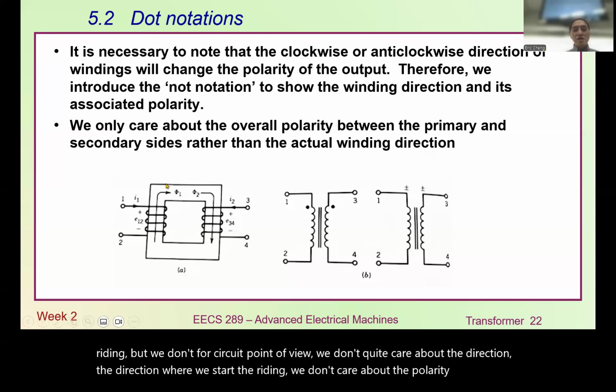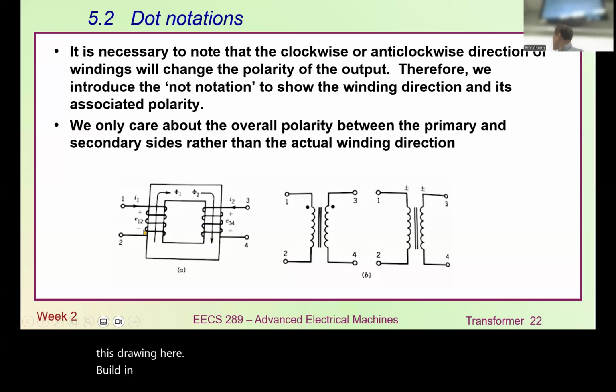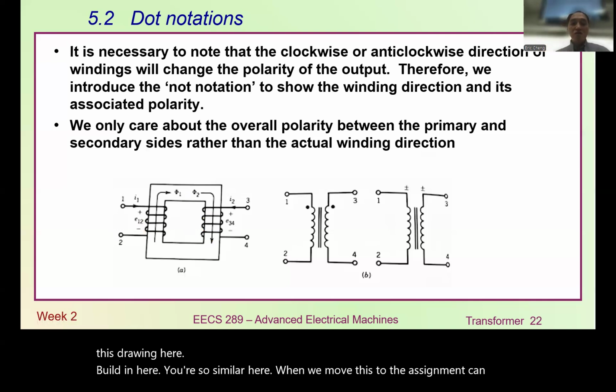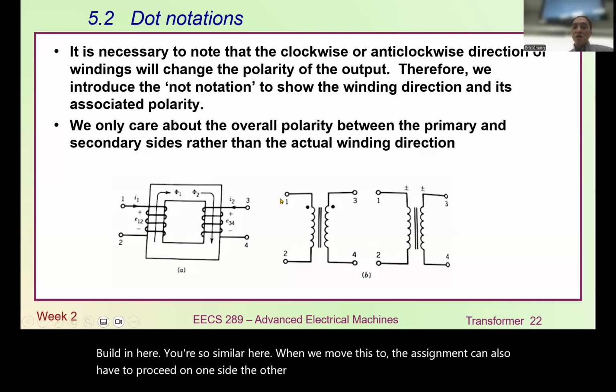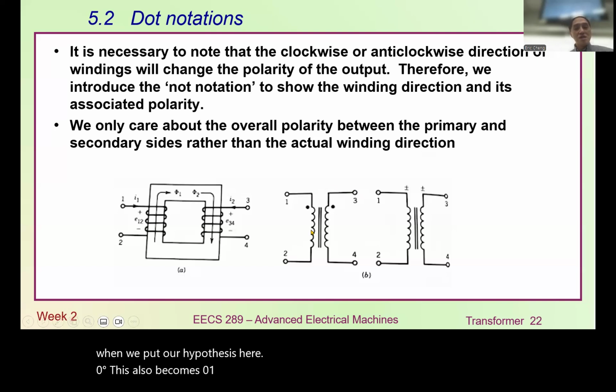So this drawing here is also similar. When we move this to the other side, we can also have the positive on one side, the other side. But we only care about the dot rotation: when we apply positive here, 0 degree, this also becomes 0, not 180.